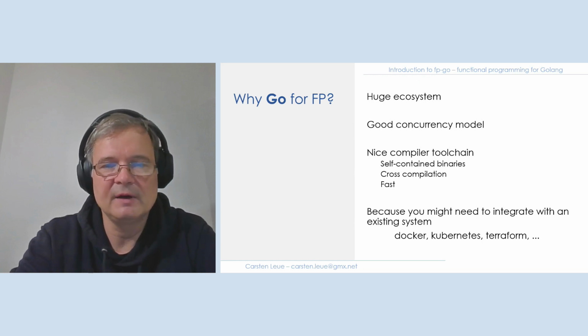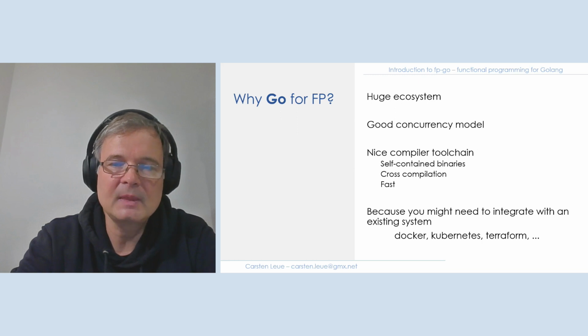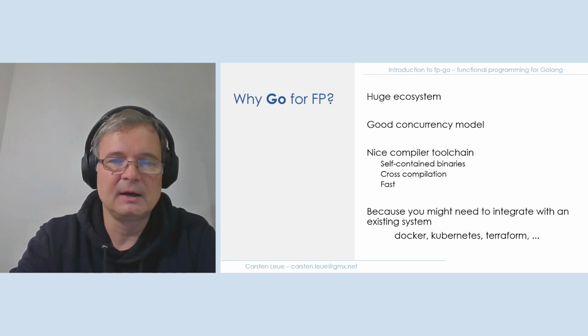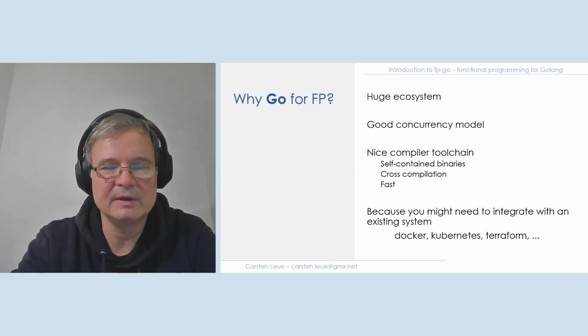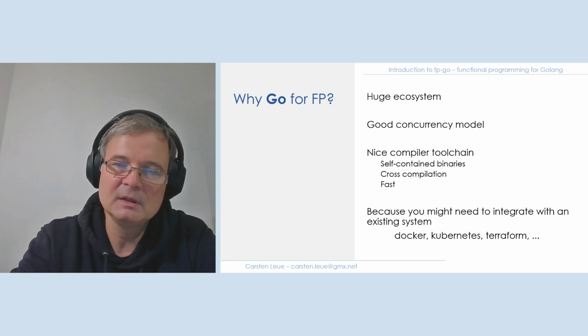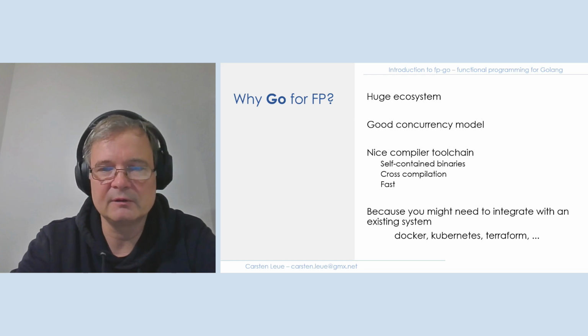So you basically have a zero dependency binary. The only dependency is the dependency on the kernel. And that makes it easy to transfer binaries between systems, to install them. You don't have to be worried about version incompatibilities of dependent libraries or whatsoever.